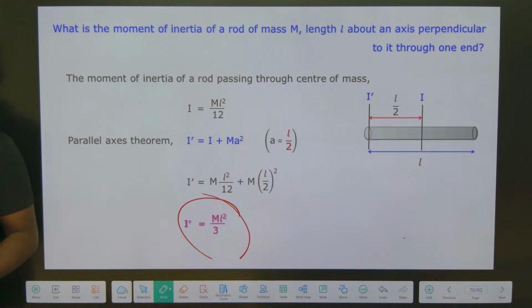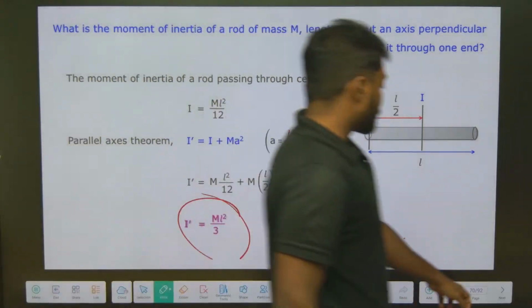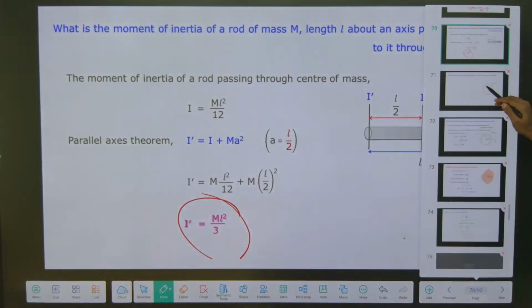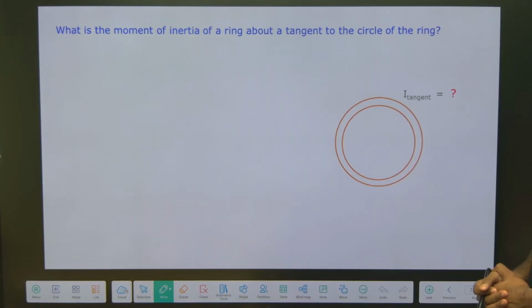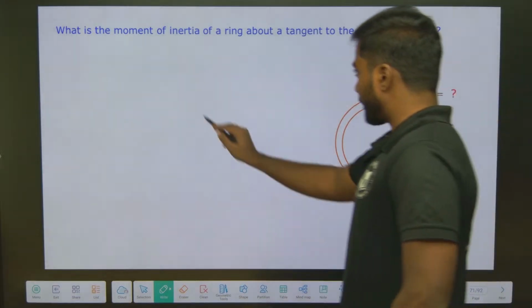Done? Okay. Fine. So this is the next question. What is the moment of inertia of a ring about a tangent to the circle of the ring? Can you give the answer for this question?